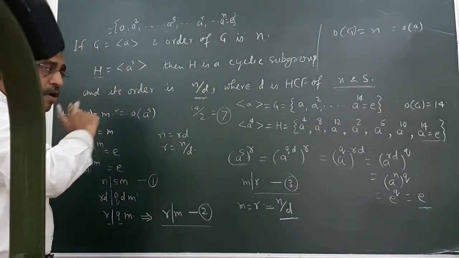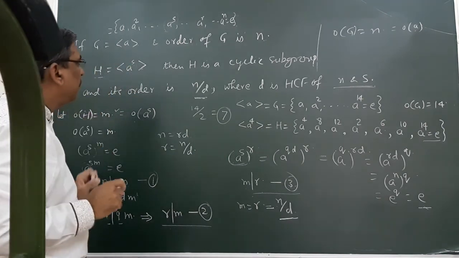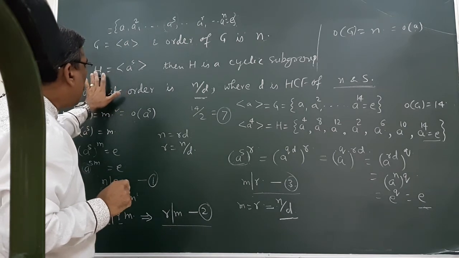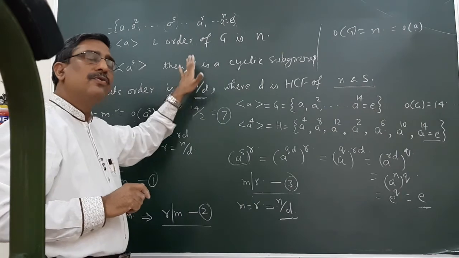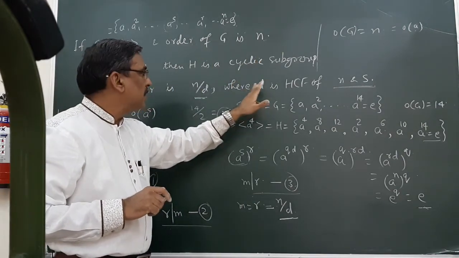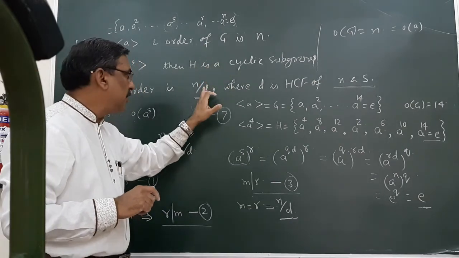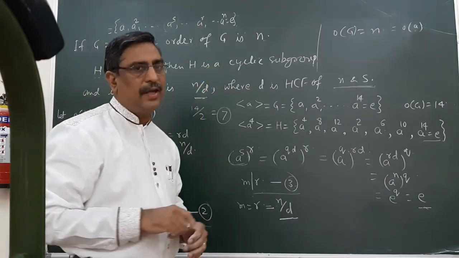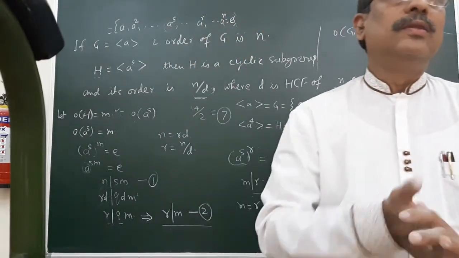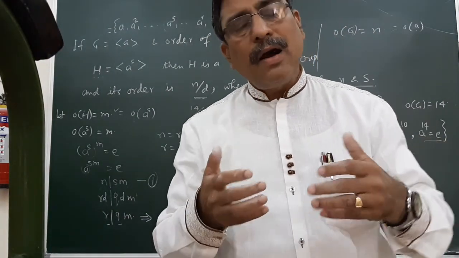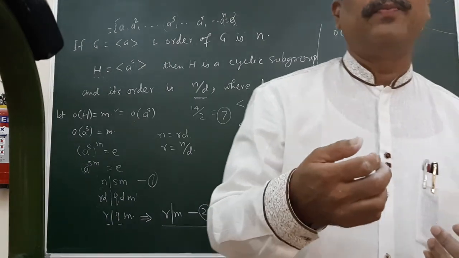Since these two are co-prime, 16 and 5 are co-prime, therefore the number of elements in H will be equal to N, meaning 16. D is equal to 1. This is the way to find how many elements exist in a subgroup of a cyclic group.